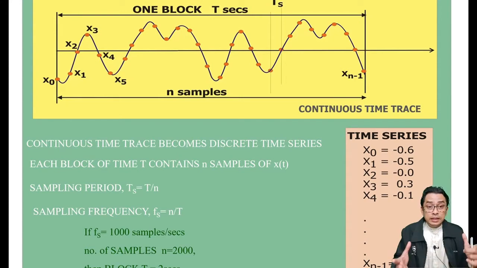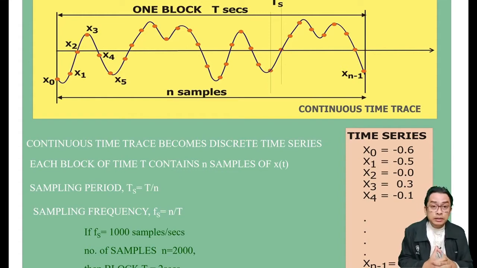So this is an example of a random signal. The red dots here are the samples. The number of samples, we call it the block size. For example, in this case, the duration for one block is T seconds.